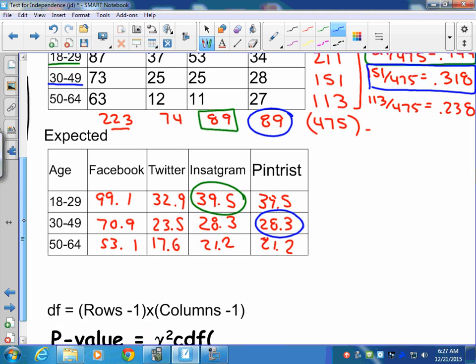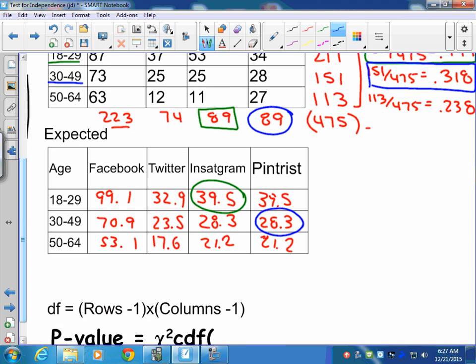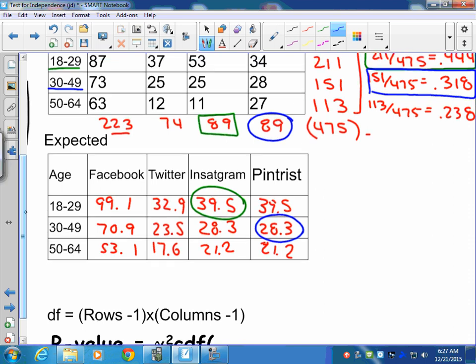Okay, now, for our expected value work, we have to use our chi-squared formula. Now, we don't have to do all of it, but you do have to show that you understand how the formula works in solving a situation. So for our chi-squared value, it's always observed minus expected, squared, divided by expected.